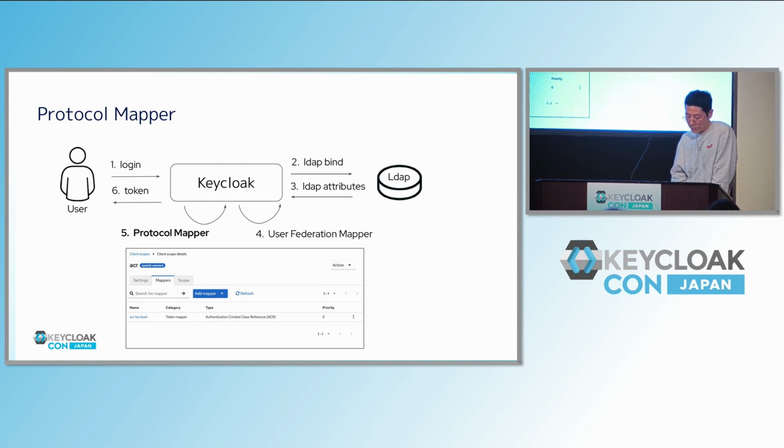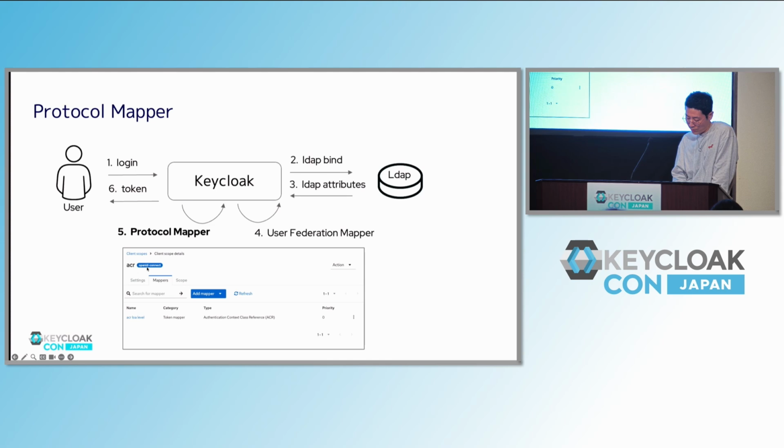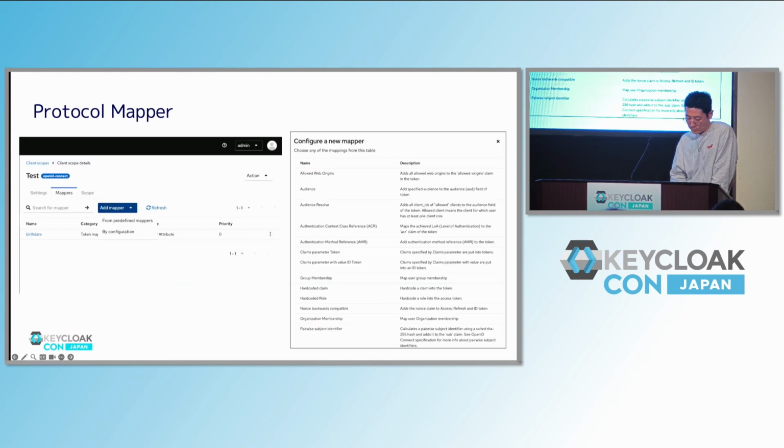Also note that the mapper settings were consolidated under client scope starting before Keycloak version 17 or 18, maybe. Next, let me explain how to configure protocol mappers by choosing between predefined mappers and by configuration.